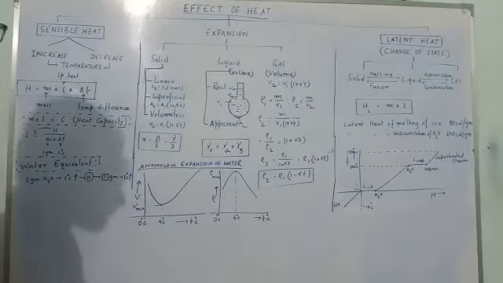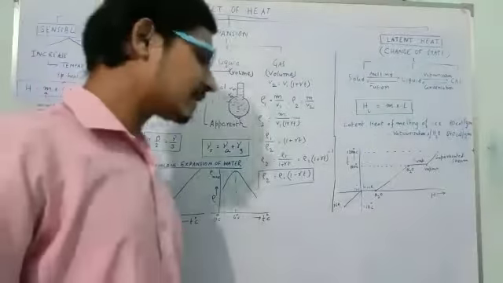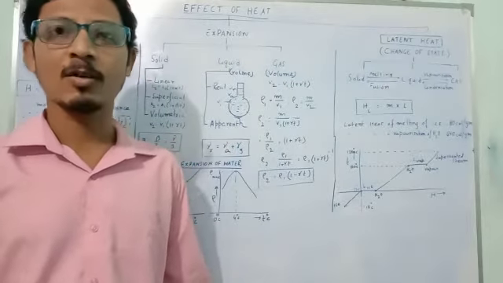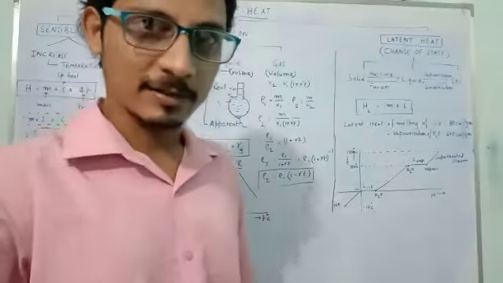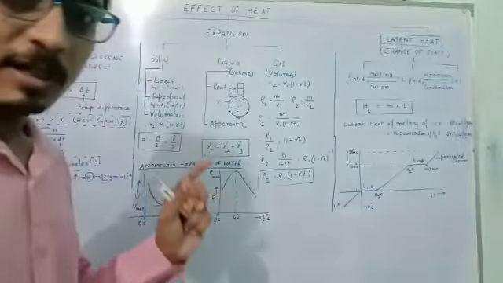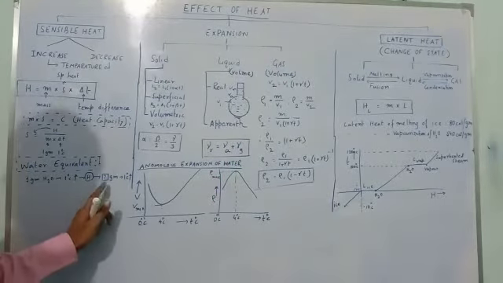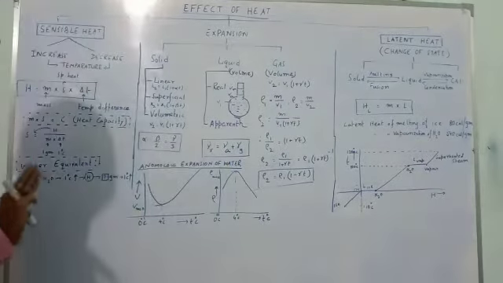Another term is water equivalent. So what is water equivalent? Water equivalent is the quantity of water, that much quantity of water, required to increase the temperature of a certain object by 1 degree Celsius.